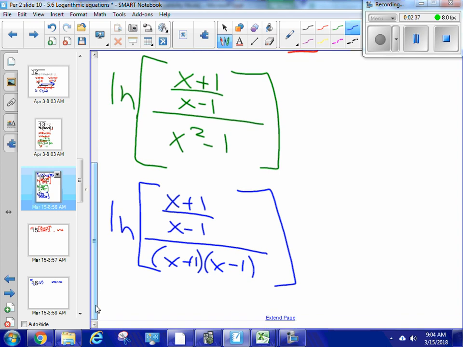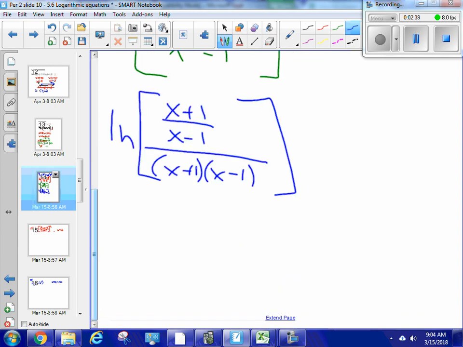Now I still got a three-layer fraction, so I got to figure out a way to make it into a two-layer fraction. The way you make a three-layer fraction into a two-layer fraction is you multiply the denominator by its reciprocal. So I'm just going to move this bracket way over to the side because it's all still a logarithm.